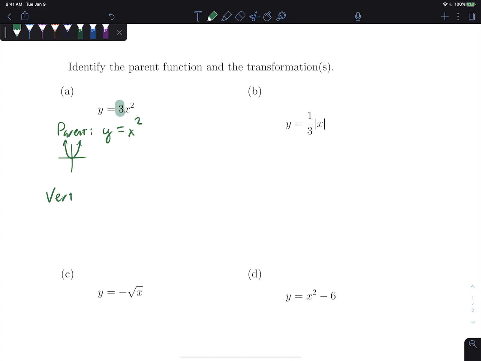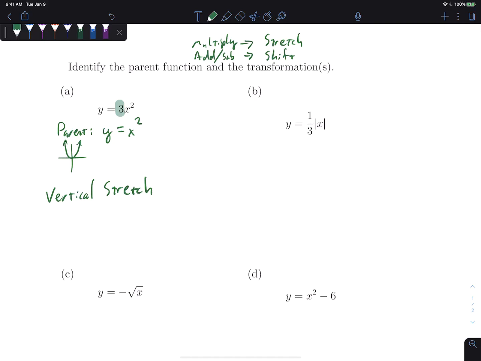If it's multiplying, that means stretch. If it's adding or subtracting, that means shift. So this would be vertical, and this is multiplying, so it's a vertical stretch.